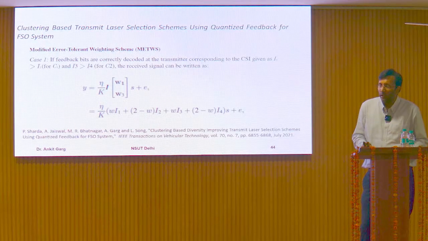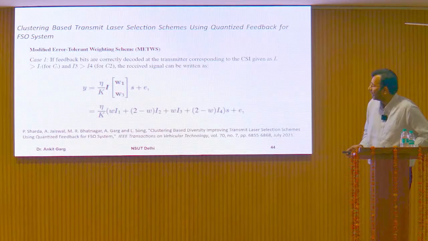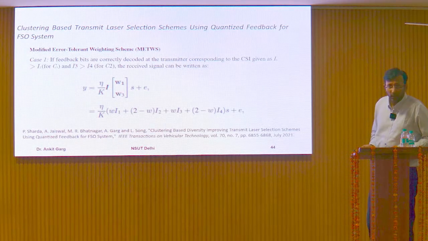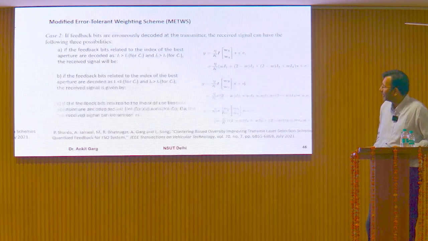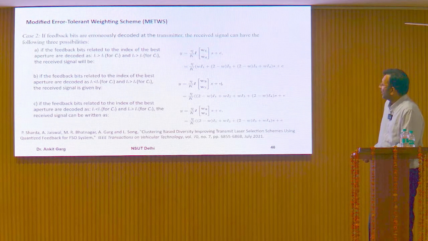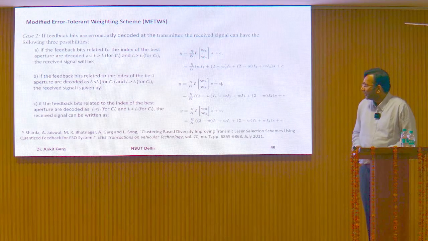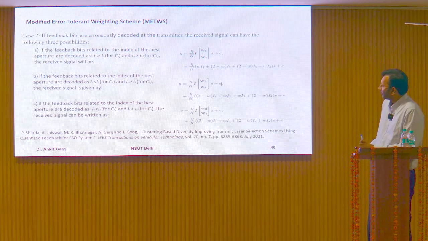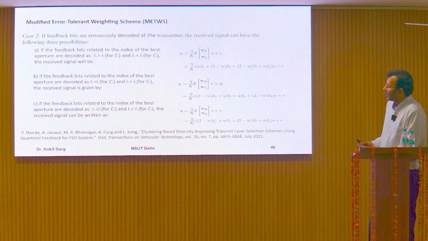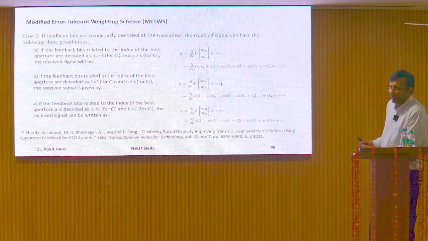So what would be the other cases? Incorrect, wrong precoder selection cases. So we would have three wrong selection cases like this: W1 W4, W2 W3, W2 W4, other combinations, right? These are the incorrect decodes of the feedback bits.